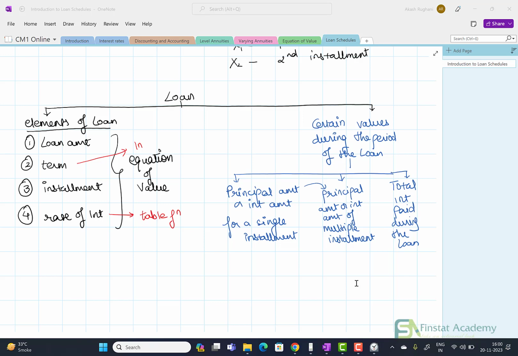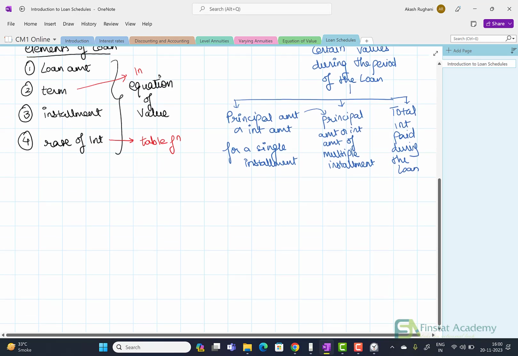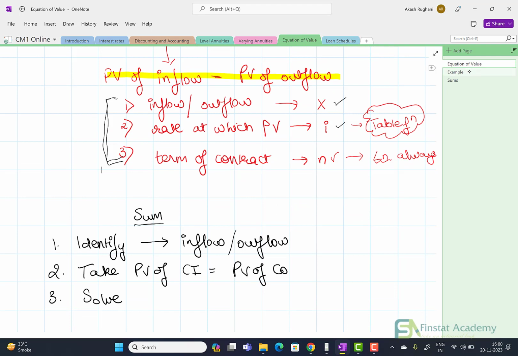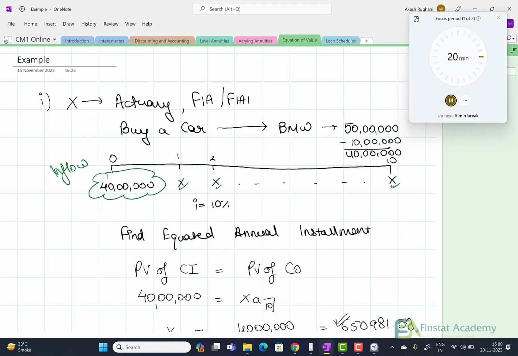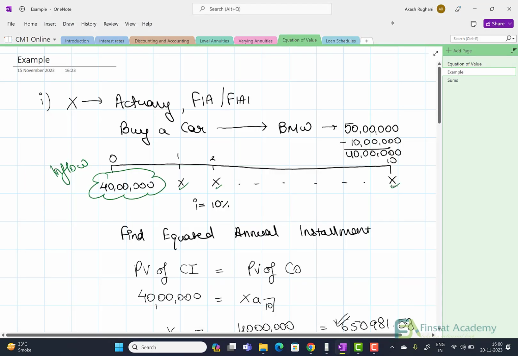Now just to reiterate this part, guys, whenever I take a loan, let's take the example that we did in the equation of value, so that we have the same thing in our mind. Let's say there was X, an actuary, who had taken a loan to buy a car.